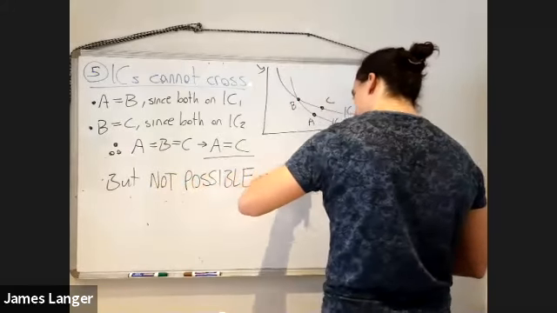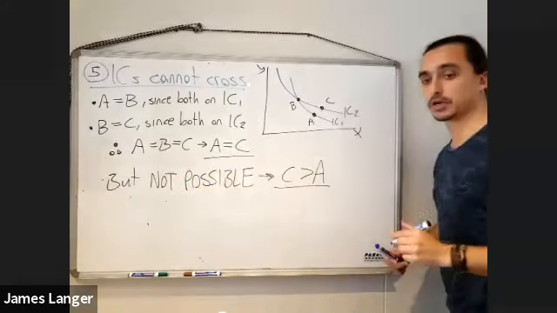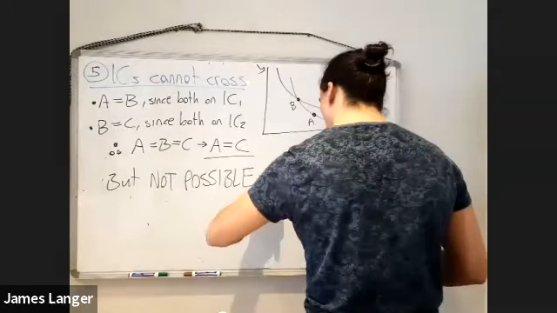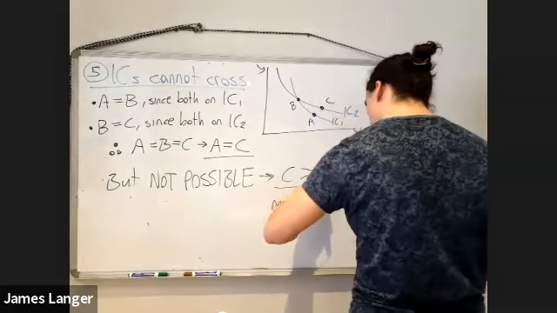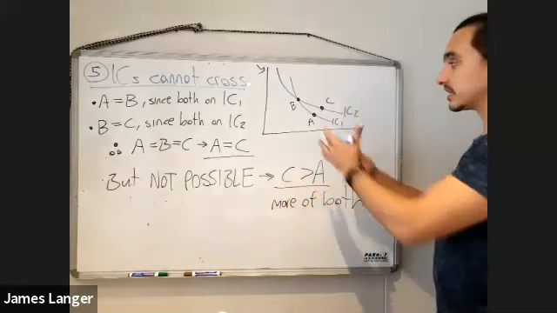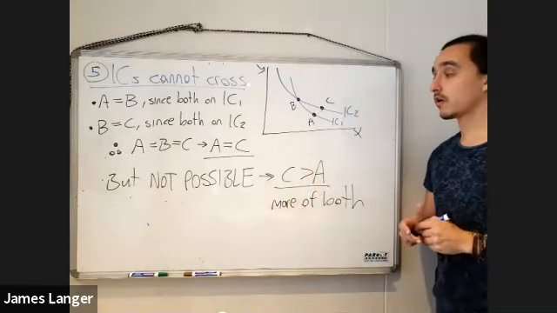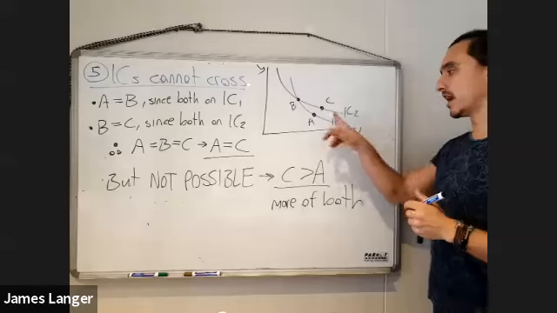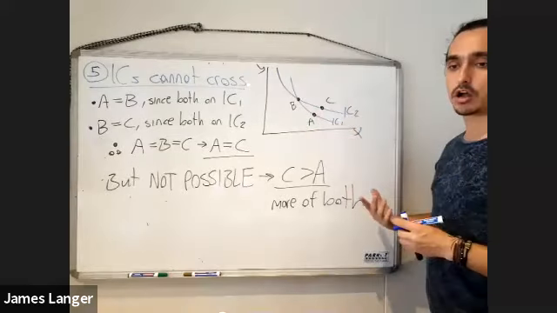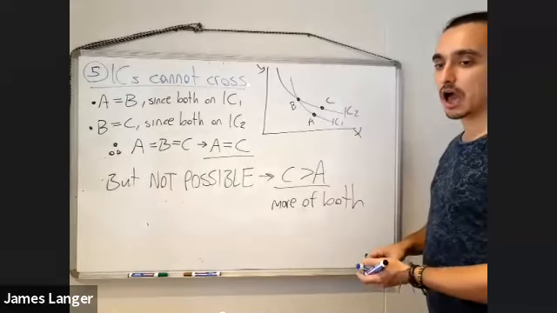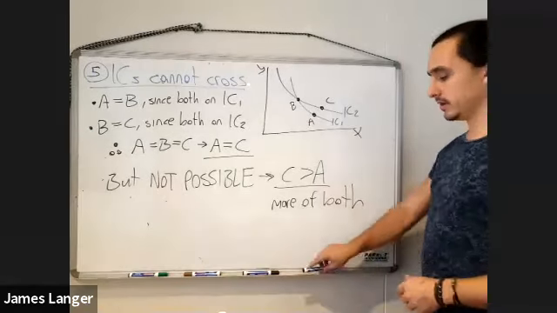C is greater than A because it has more of both. So it simply cannot cross. If they ever ask you to explain why they can't cross, this is exactly how you would do it. The only way that you're able to do it.